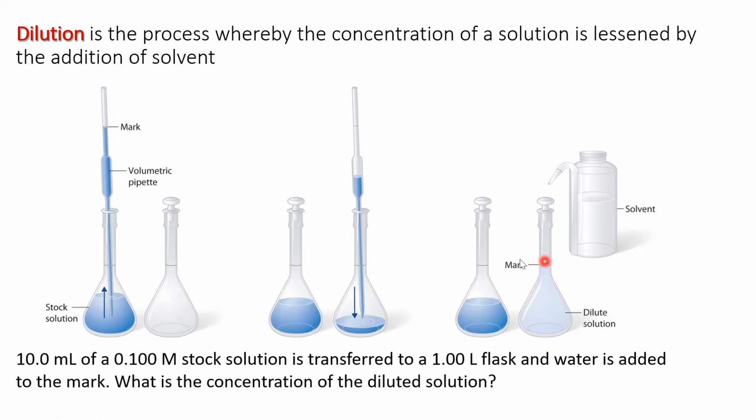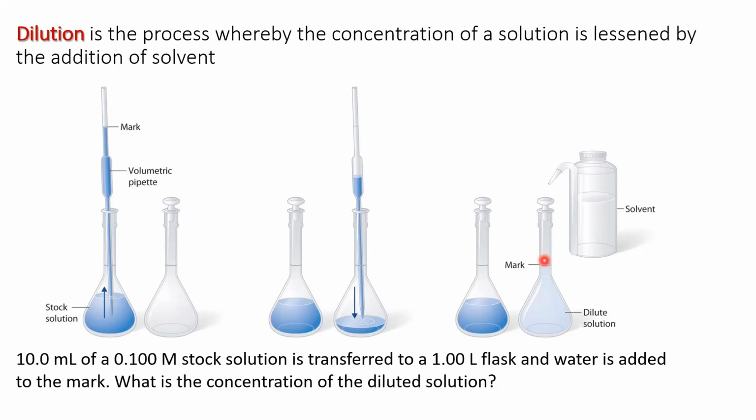So let's say that our stock solution is a 0.100 molar solution. We draw up 10.0 milliliters of that stock solution, put it into this volumetric flask, and dilute it to the 1 liter mark. What would the new concentration be?